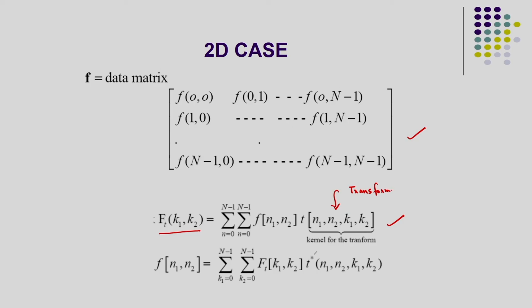If I want to reconstruct the original data after the transformation, because I am considering the unitary transformation, that means T inverse is equal to T complex conjugate transpose. So I am considering this kernel, so I can reconstruct the original data.